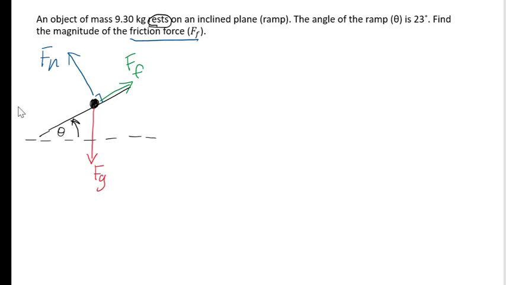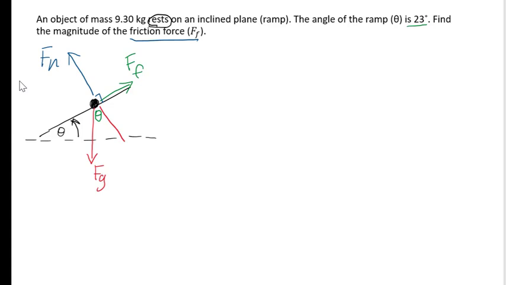So we have an angle here. This angle given in the question, 23 degrees, is also going to be the angle inside of here. So our weight is going to be two-dimensional; it's going to have a y component and an x component. The y component is straight down like this.